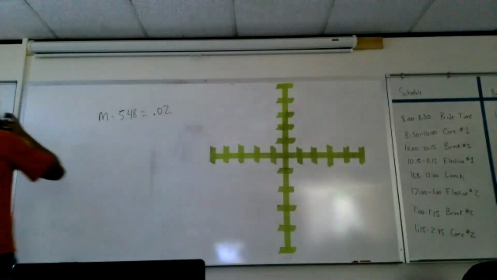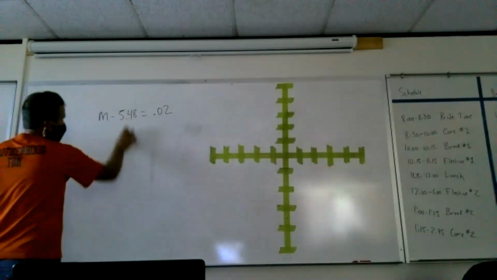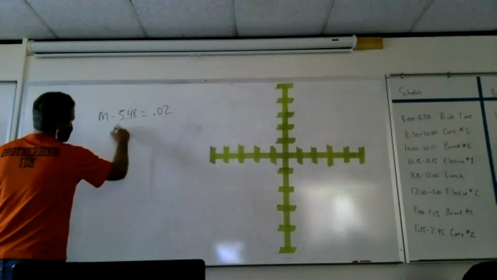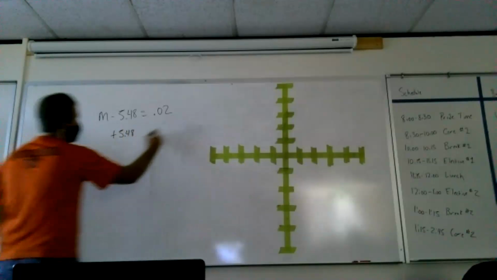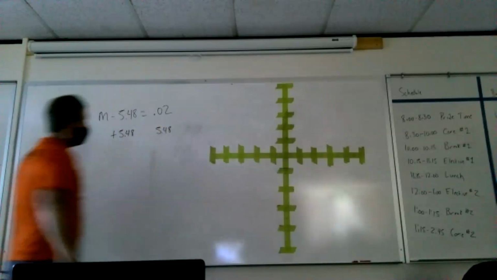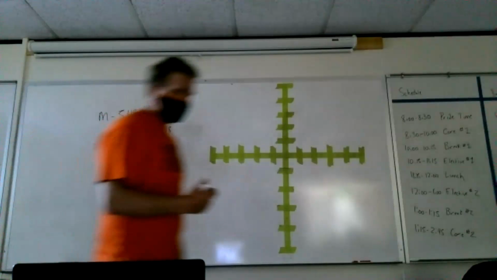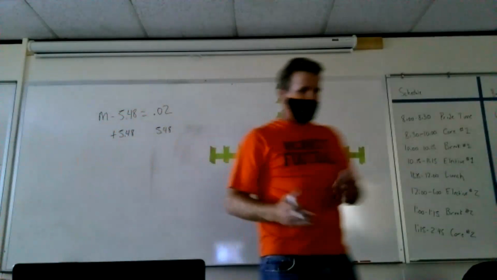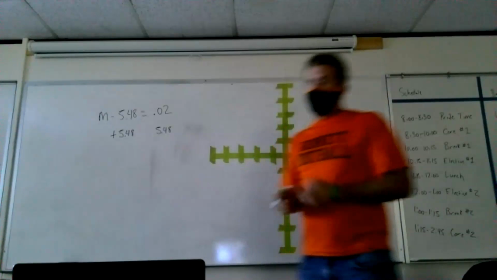So the way that we isolate the variable is we want to get it by itself. So if I have m minus 5.48, in order to get this to the other side, I would have to add 5.48 to both sides. One of the common mistakes is that you don't do it on both sides. Understand that whatever we do on the left side of the equal sign, we must do on the right side.